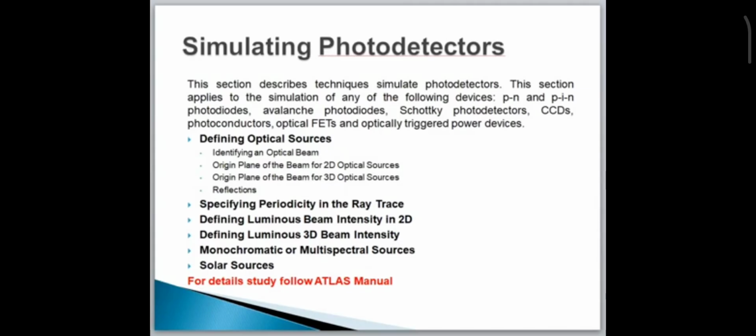I am not explaining this in my presentation because it could make my presentation boring. If you want to learn about these photo detector simulating methods, you have to go through the Atlas manual. For a detailed study, you have to follow the Atlas manual to understand how to simulate photo detectors in the Silvaco TCAD Atlas tool.